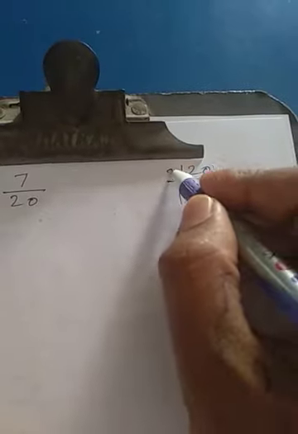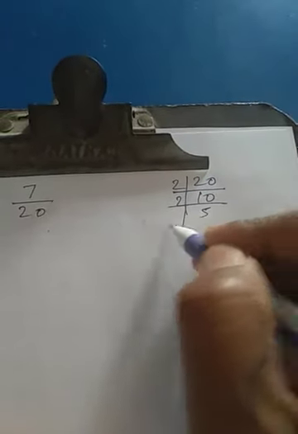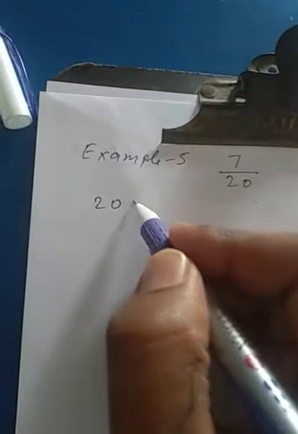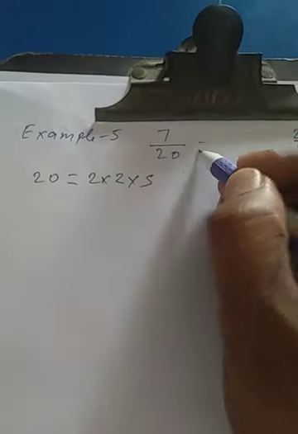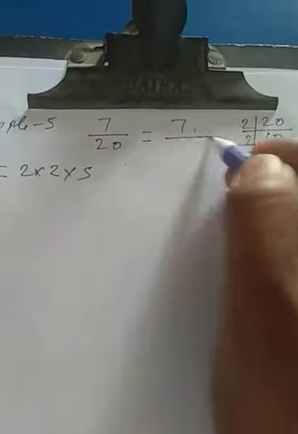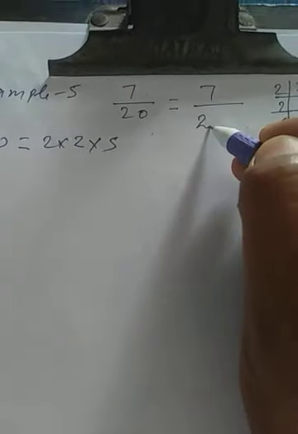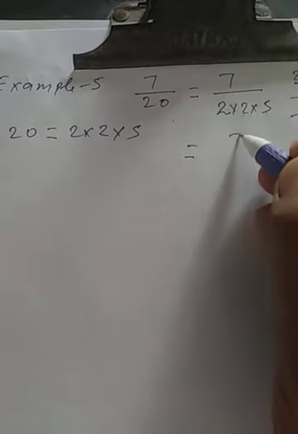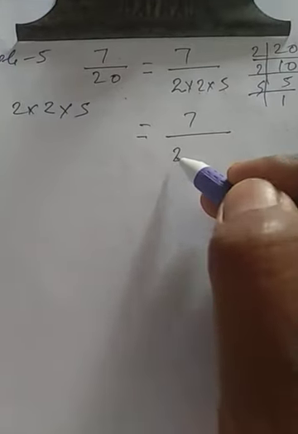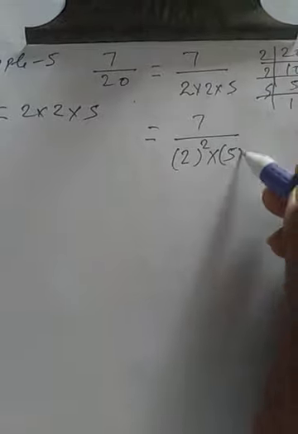Now we have to find out the prime factorization of 20, that is the denominator. 2 into 10, 2 into 5, 5 into 1. So the prime factorization of 20 can be written as 2 into 2 into 5. It is also written as 7 by 2 to the power 2 into 5 to the power 1.